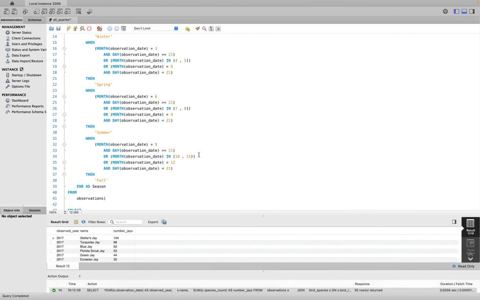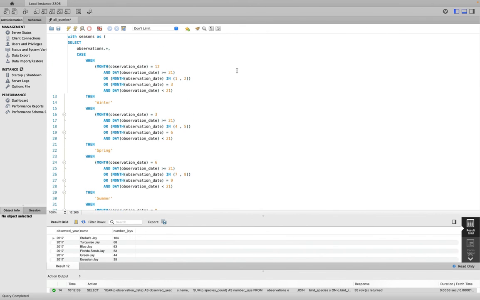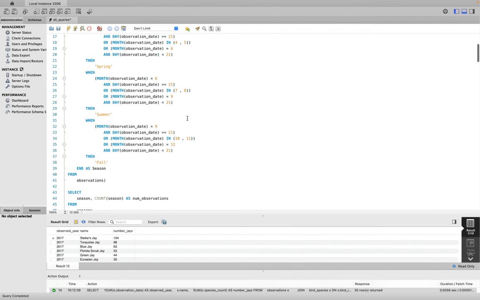But the point was that I wanted the dates in a certain format that MySQL would accept, so that would be year, month, day. But I did not want to parse out the seasons then, because I wanted to do it in MySQL and see how it would be done. And it was really tedious, and it's probably not the most efficient way of doing it, but this is the way that worked for me, so I'm going to go with it.